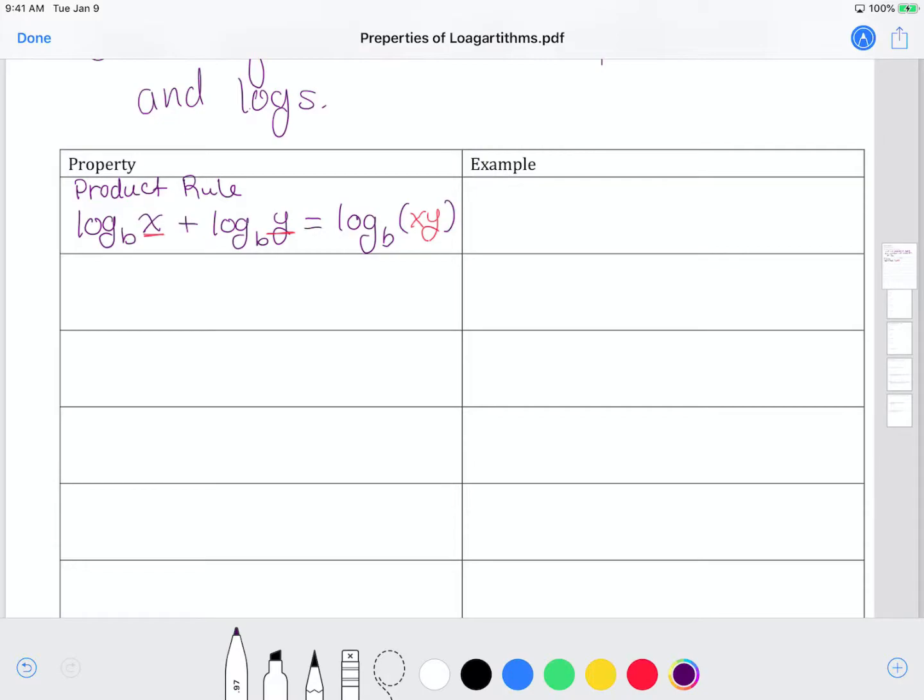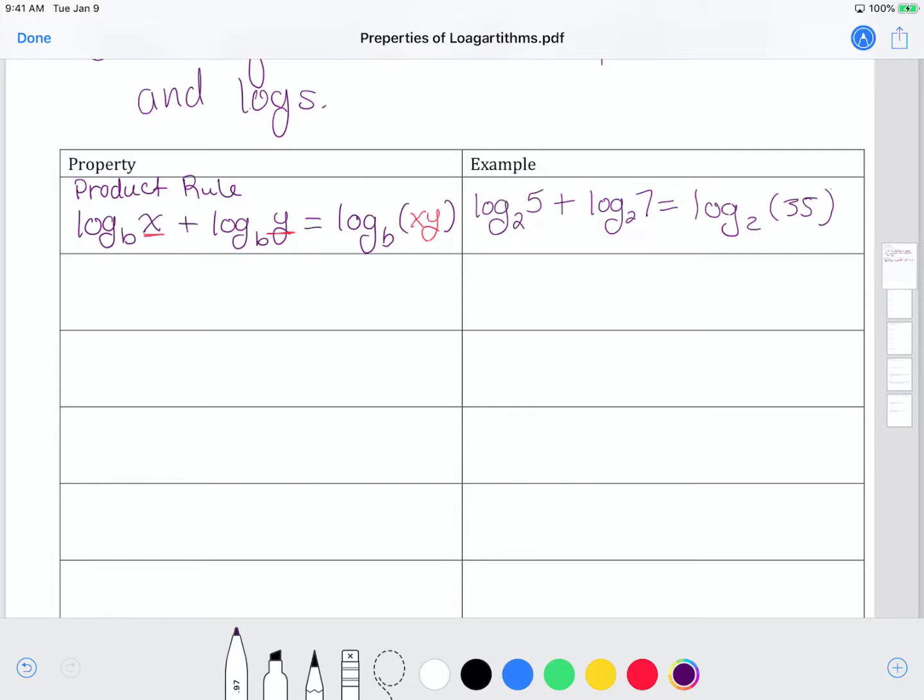So an example of this would be if I had log base 2 of 5 plus log base 2 of 7, I could rewrite those two logs together in one log as log base 2 of 35. Because my bases are the same, I can combine those and multiply the 5 and 7 to get a 35 and write it as one log.